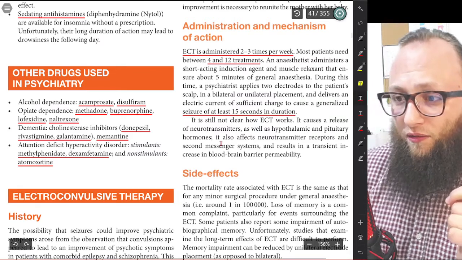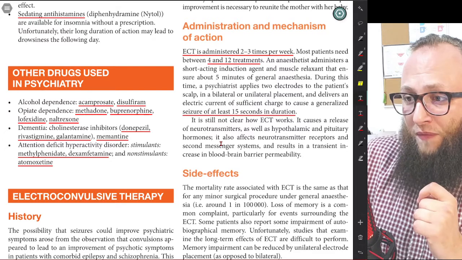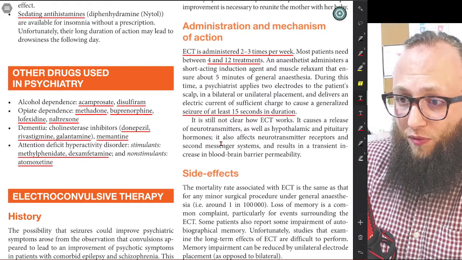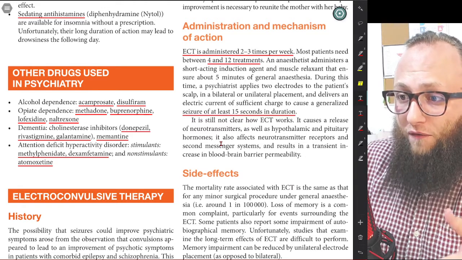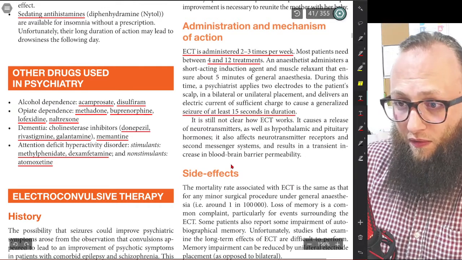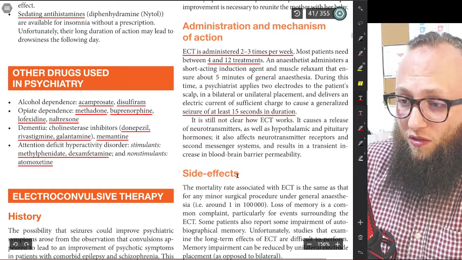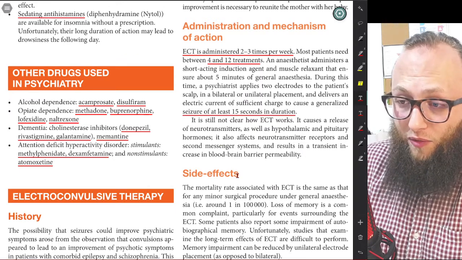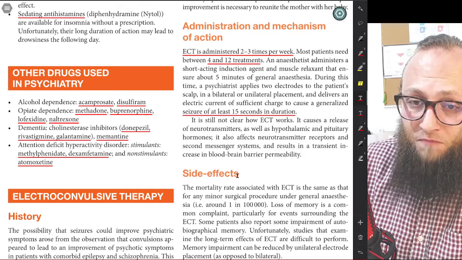It is still not clear how ECT works. It causes a release of neurotransmitters as well as hypothalamic and pituitary hormones. It also affects neurotransmitter receptors and second messenger systems, and results in a transient increase in blood-brain barrier permeability.